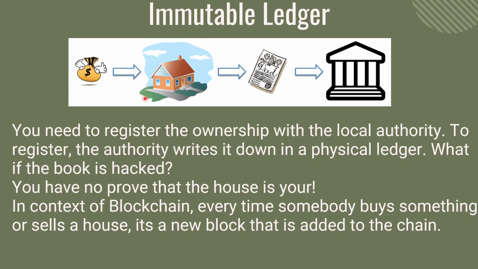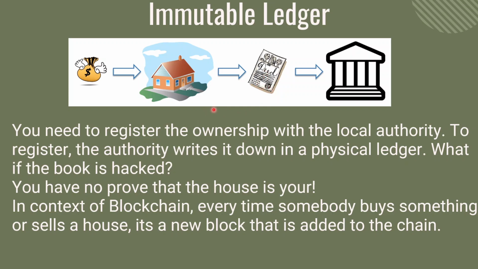But how can you know that you own the house? Or how is the house associated with you? The solution is what our government does: you write a deed that this house is for you.